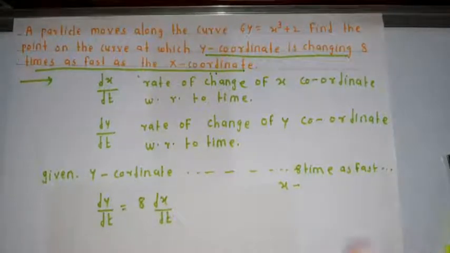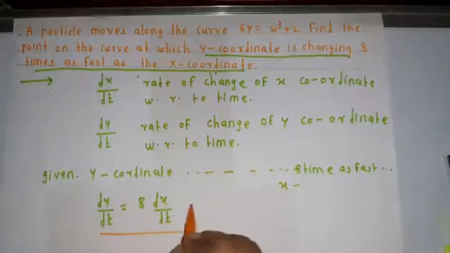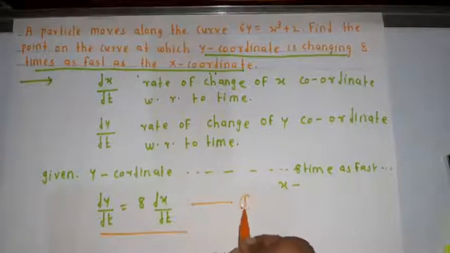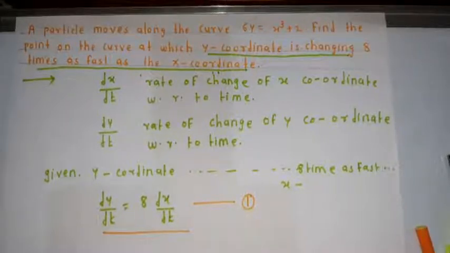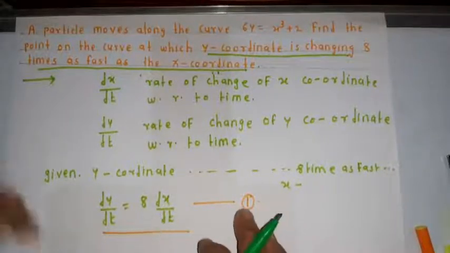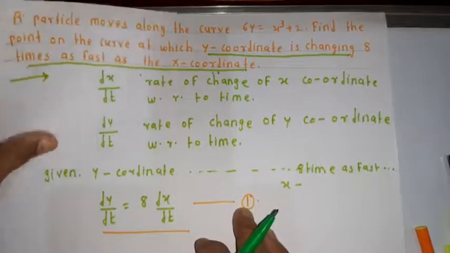This is our statement. Okay, from the given things, dy by dt equal to 8 times dx by dt.